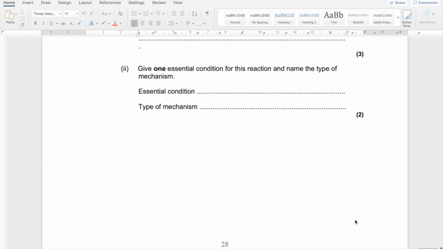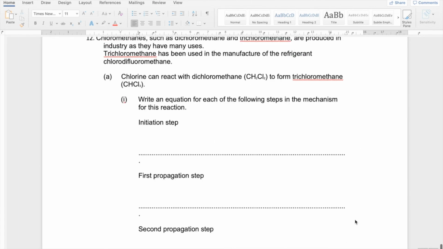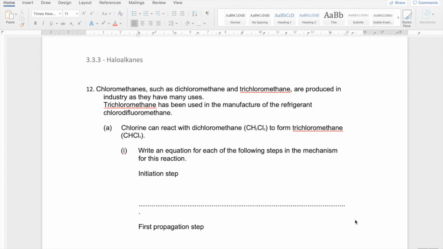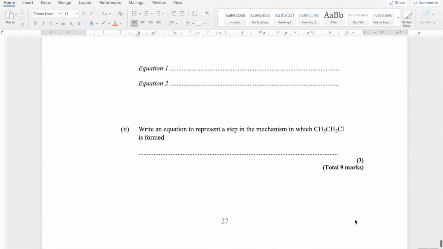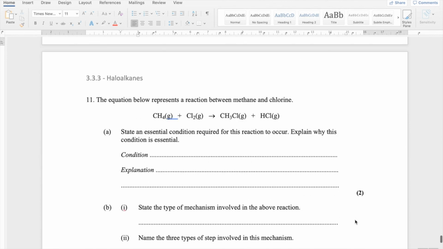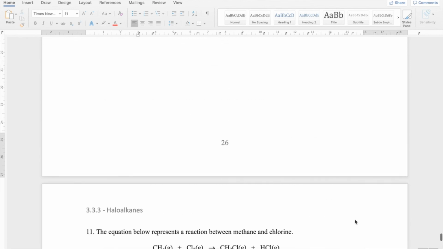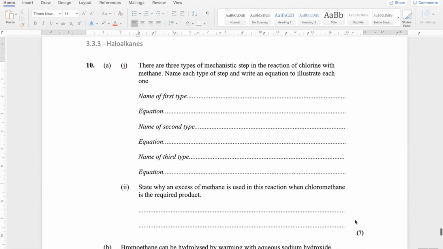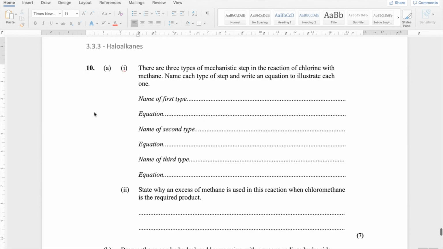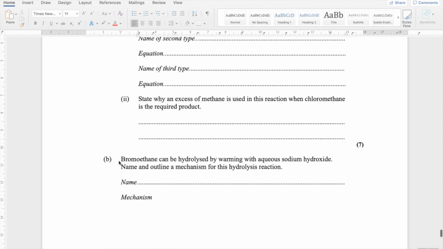So there are 3 past paper questions you'll be able to have a go at. So past paper question number 12, you'll be able to attempt at this stage. Past paper question number 11, you should be able to have a go at. And past paper question 10, you can also do, but don't worry about this part B here. Okay, so past paper questions 10, 11 and 12 and task 5 you can have a go at this stage.